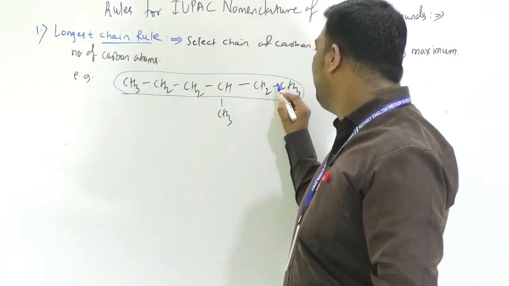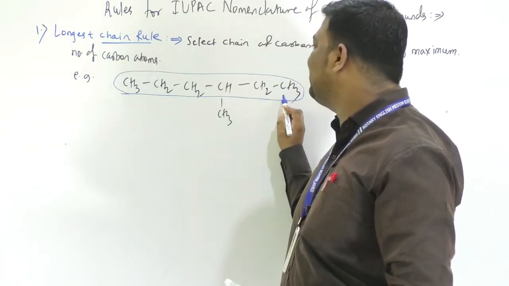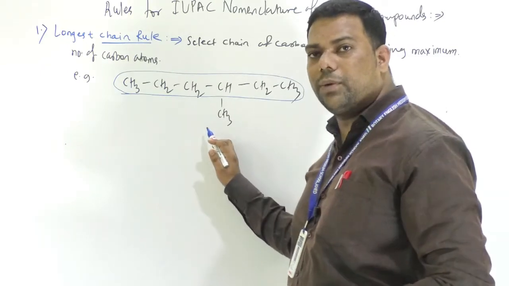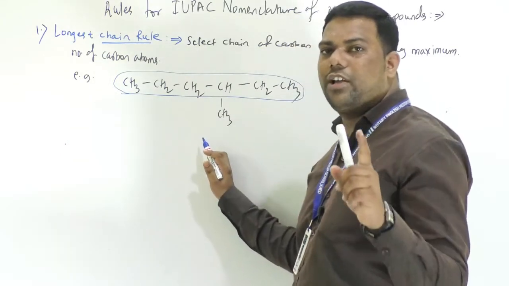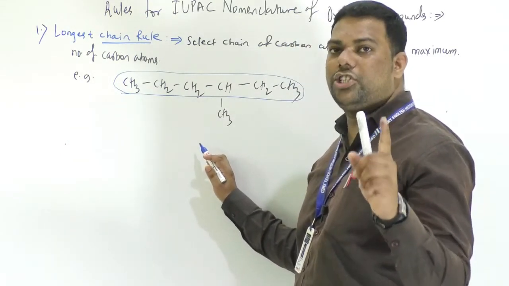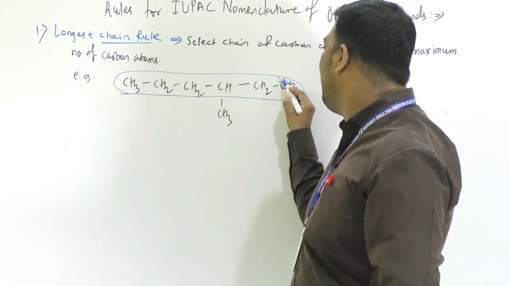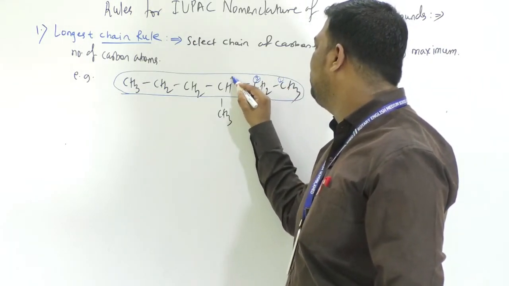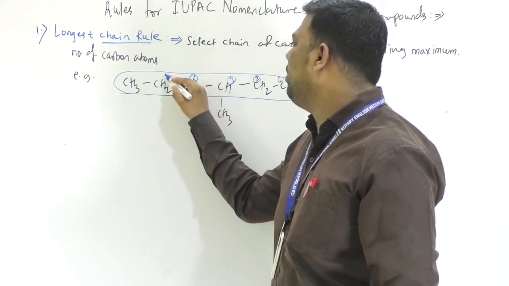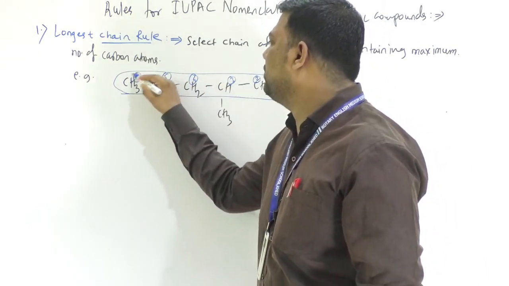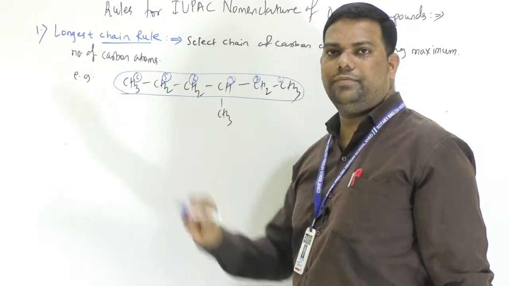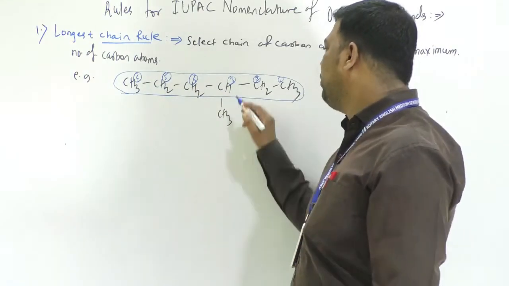So you have to number from this side. Why? Because this substituent will also get the minimum number, the lowest number. So 1, 2, 3, 4, 5 and 6. So total 6 carbon atom chain. Understood? So the substituent is at the 3 position.